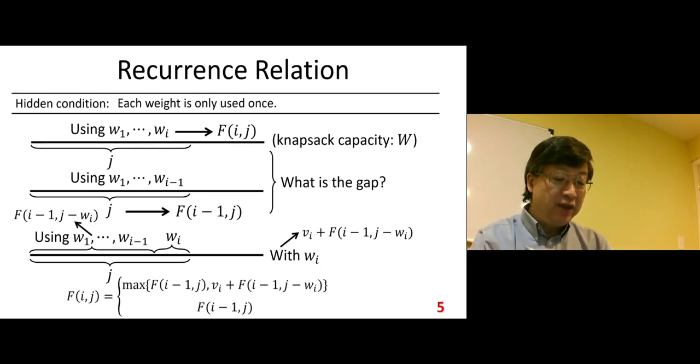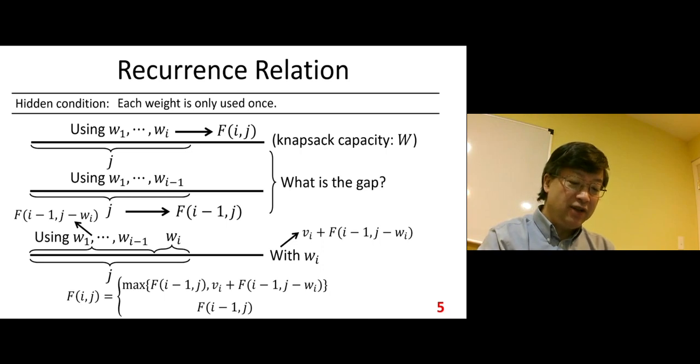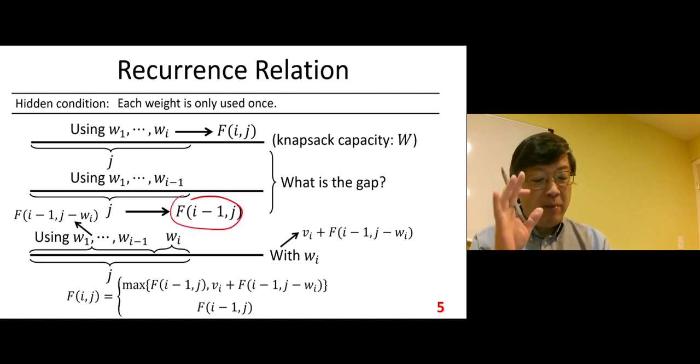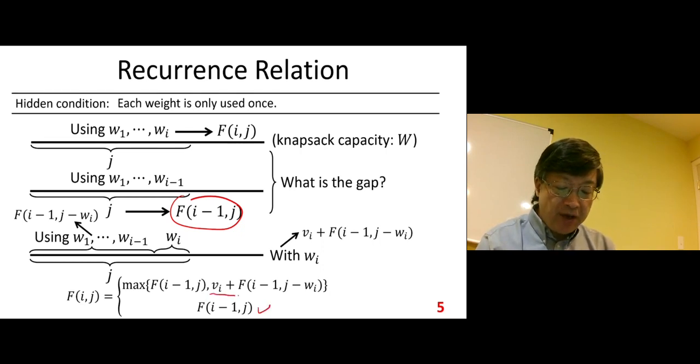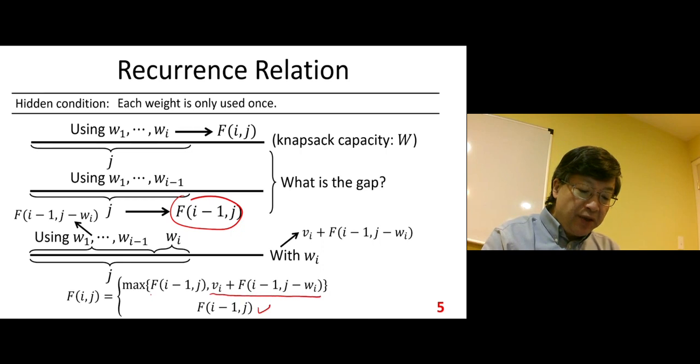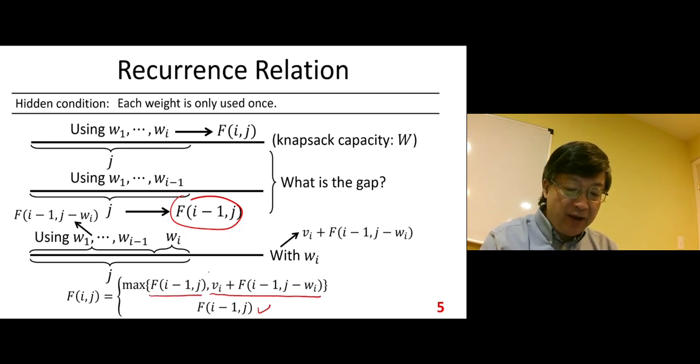Without Wi, that's easy. Without Wi, that's this number. Then we combine these two cases, so we get this. One choice like that, another one like this. You have this possibility, but this option may be better than that.